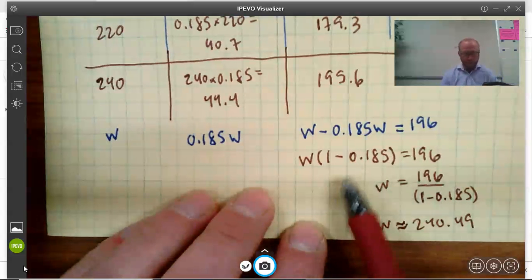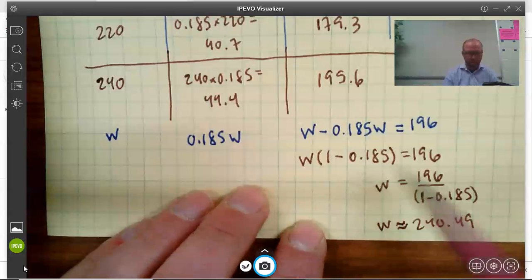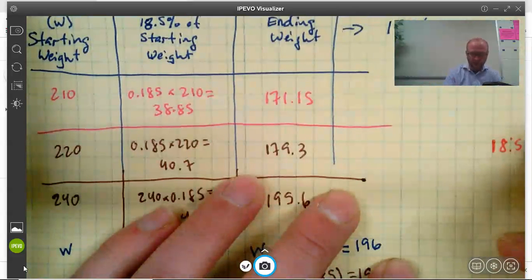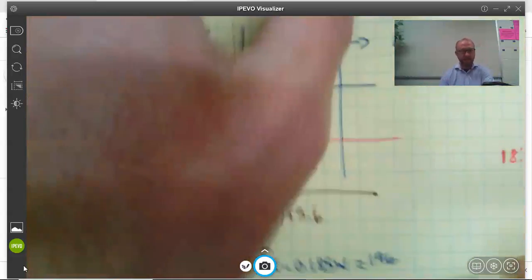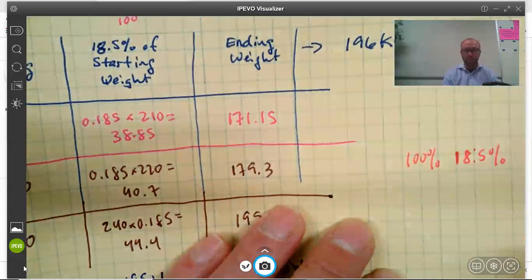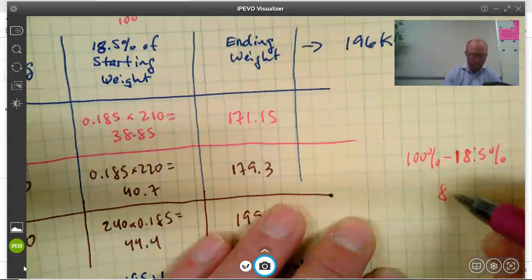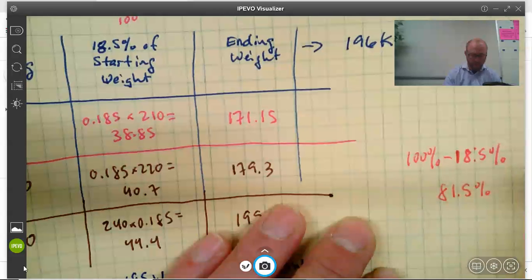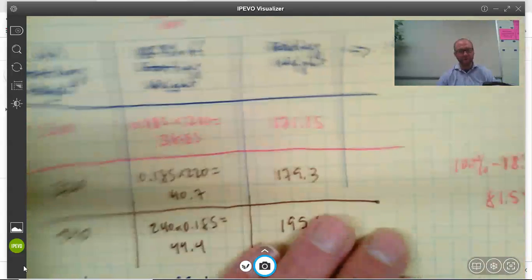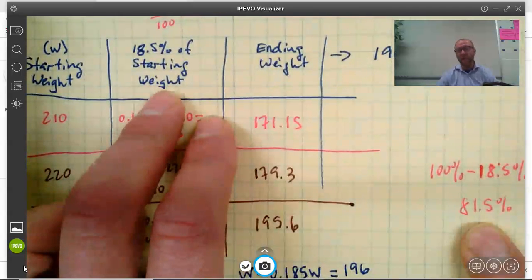Also, I wanted to point out this number, 1 minus 0.185. Remember that this 0.185 was 18.5%, and 1, if you think about it, is 100%. 100% minus 18.5% would be 81.5%. So if I lose 18.5%, I'm left with 81.5%.